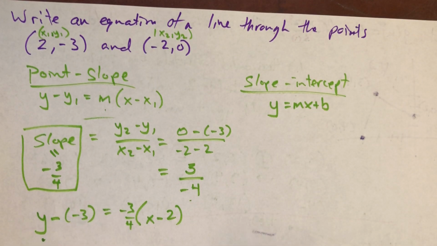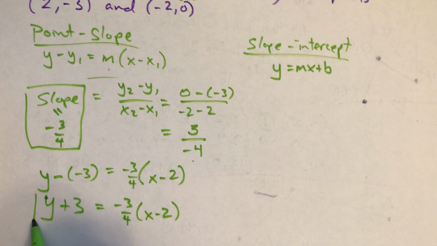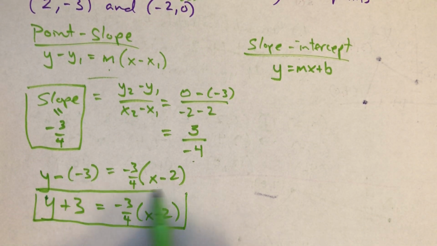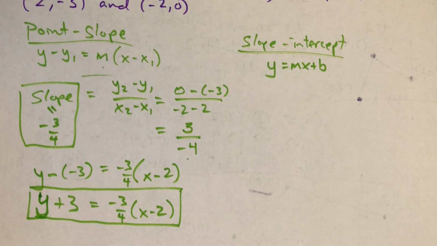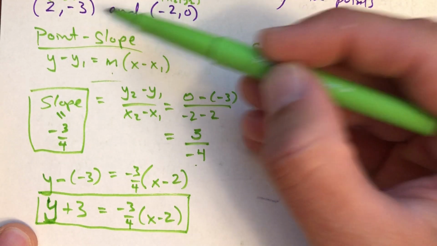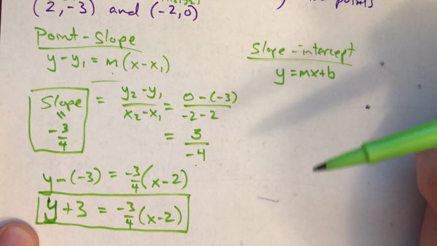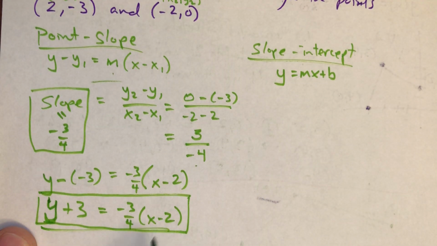So we should write y plus 3 is -3/4 times x minus 2. So if our goal is to write this line in point slope form, we've done it. We could have used either this point or this point. It didn't really matter, but just pick one, and we did it.